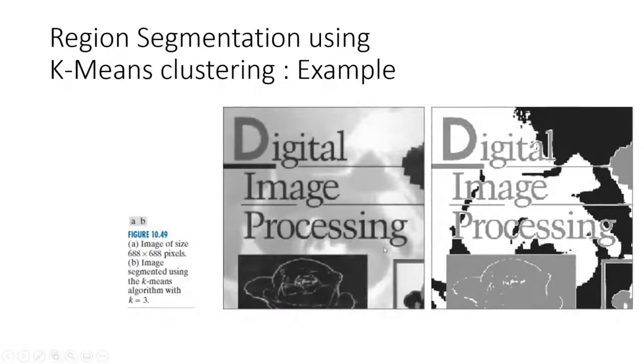So that's the result of using k-means for segmentation. If you want to segment the old cover of this book, you get a very nice, easy segmentation. What's the caveat? You have to give the number of clusters k. Here it was segmented into one cluster white, another black, and another gray.